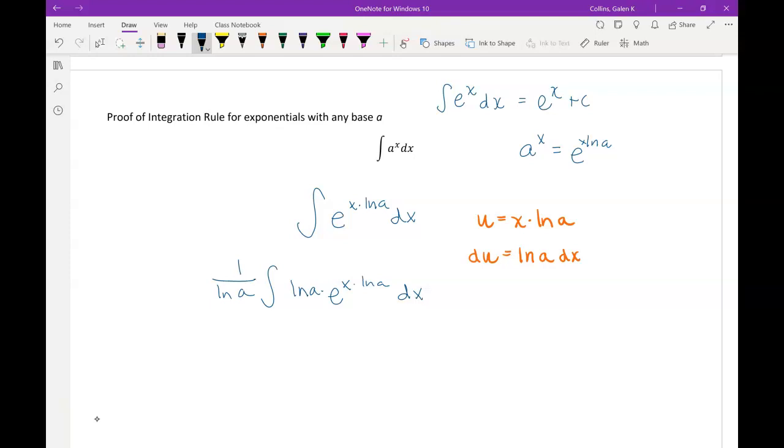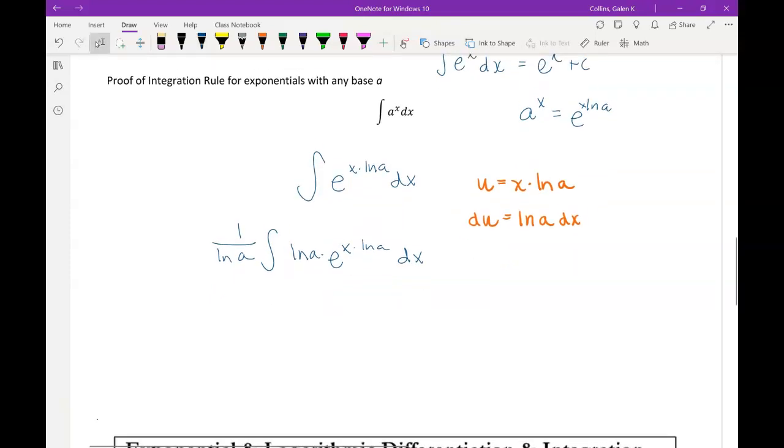So I put a 1 over ln of a, just like we do when that's like the number 2 or something. All right, so now if we u sub, this stays out here. The ln of a gets absorbed in my du, so I get e to the u du. And I know that rule, so 1 over ln of a times e to the u plus c.